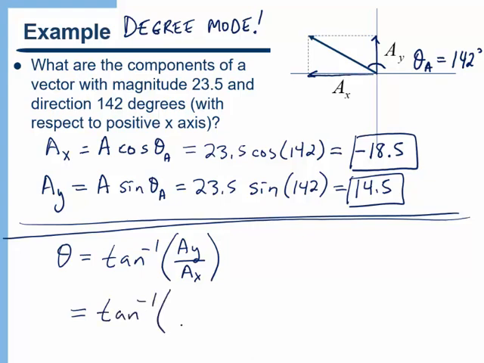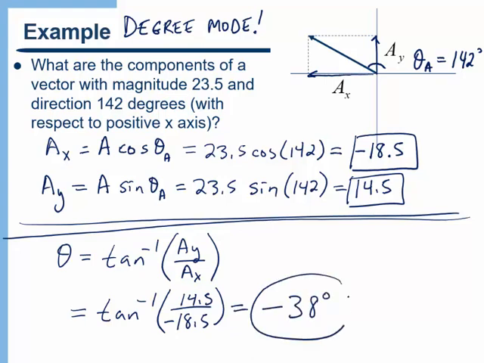I plug in ay, which is 14.5, divided by negative 18.5. And what I end up with is negative 38 degrees. Notice I didn't get back to what I thought I would. I didn't get 142 degrees, I got negative 38 degrees. So let's dig into why that happened.